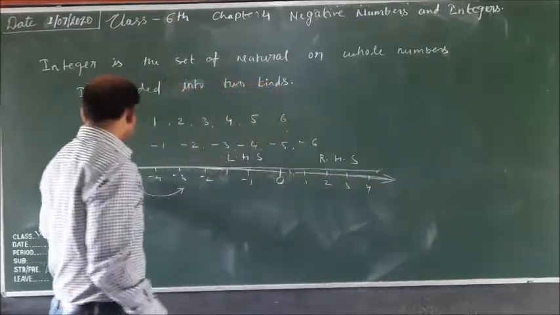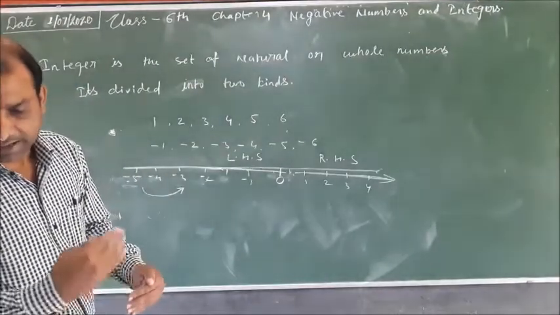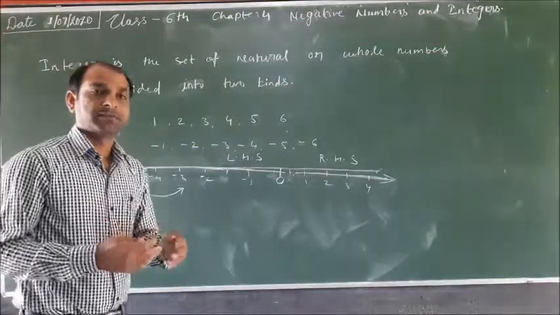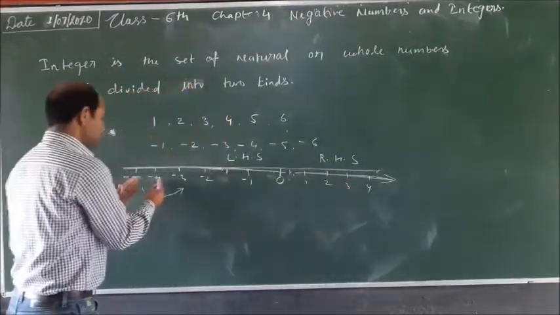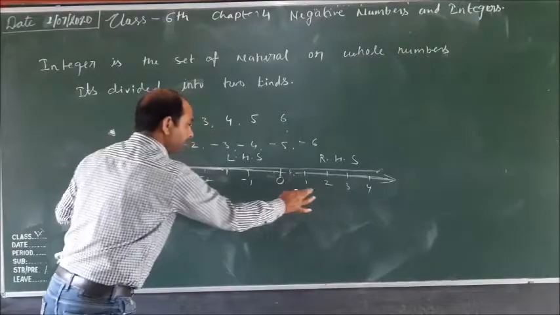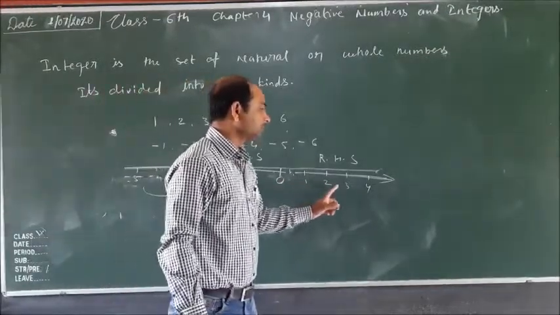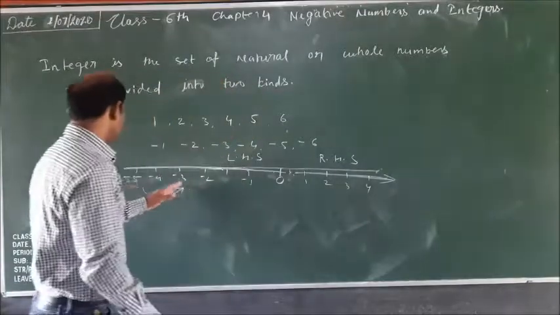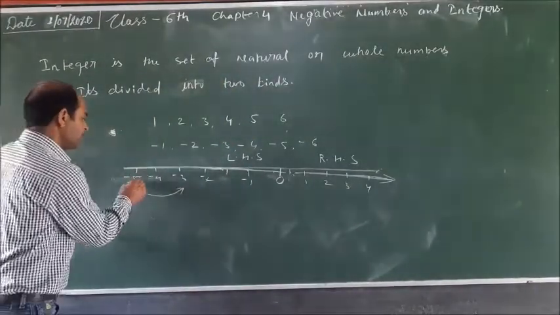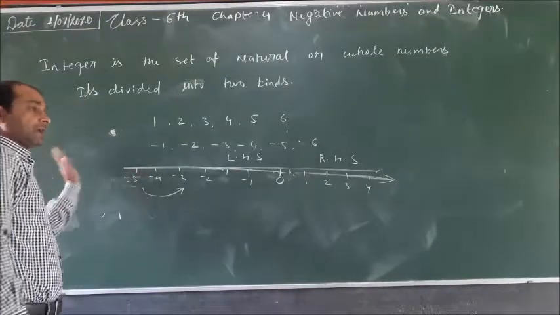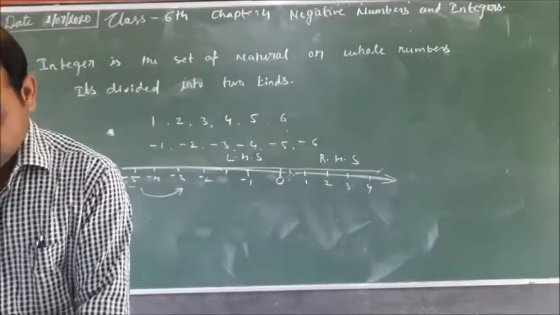So -5 in the question, an integer between means in the middle of -4 and 4. Between -4 and 4 are -3, -2, -1, 0, 1, 2, 3. So this statement is false because -5 is on the left hand side of -4.